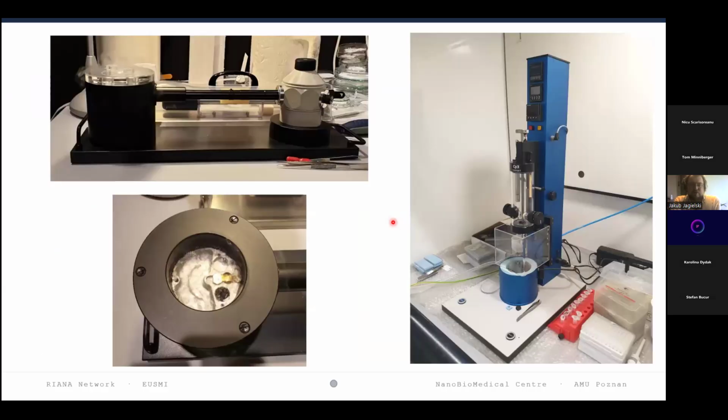Here, just to show you how this very simple equipment looks like. On the right, you can see the cryo plunger. So basically, after blotting the excess water from our sample, it plunges our grid into the liquid ethane. Then we transfer it to the cryo-TEM holder, which maintains the negative 170 degrees Celsius temperature throughout the whole imaging.